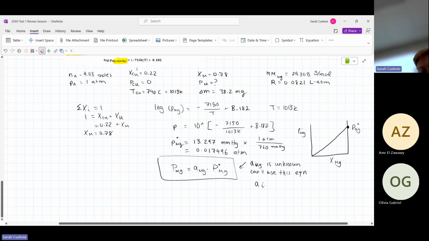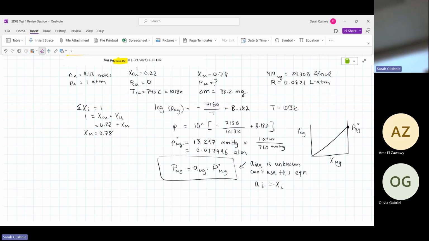Well, does a_i always equal x_i? This is only in an ideal case. Do we know if this is an ideal solution? He did say to always assume ideal. Yes, assume ideal gases. Do not assume ideal solutions. There's a difference, and we're going to see that difference in this question.